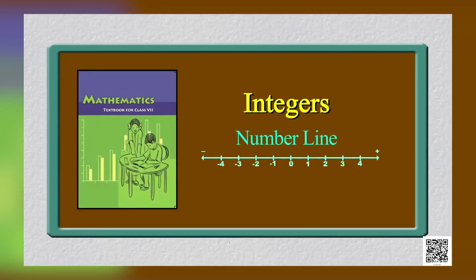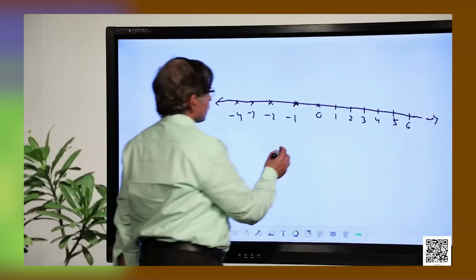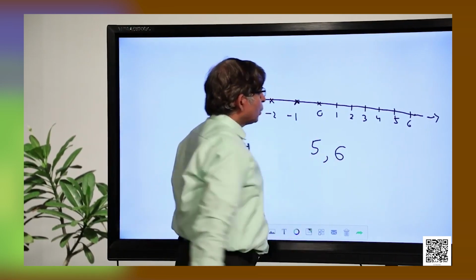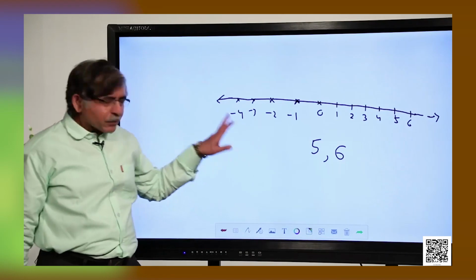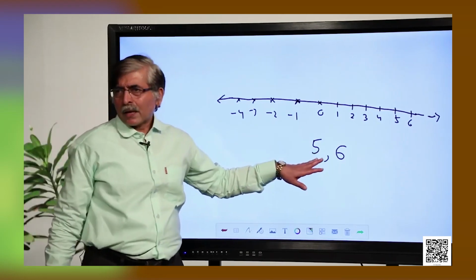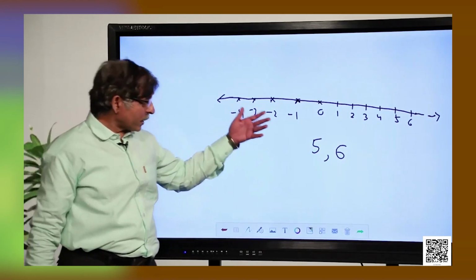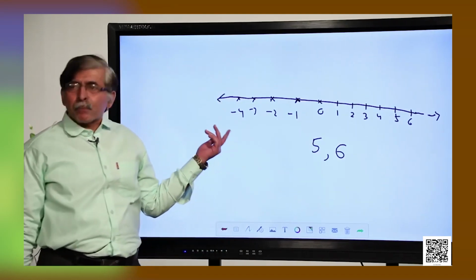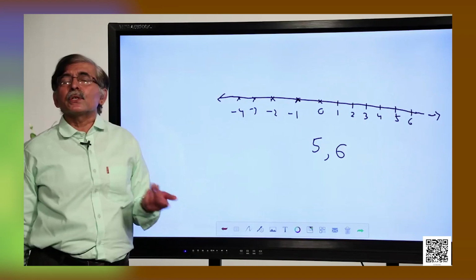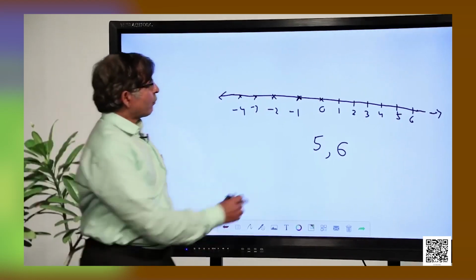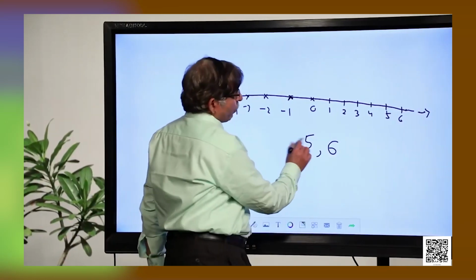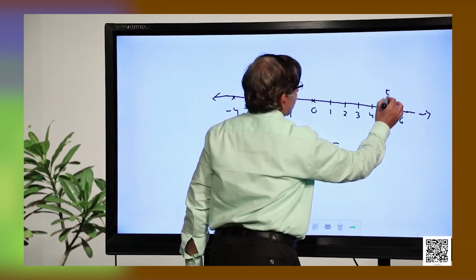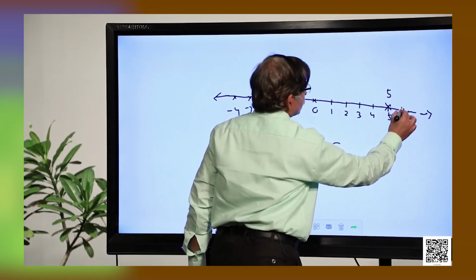And here we can take any numbers, suppose 5 and 6. We can mark these on the number line and verify from this which one is bigger and which one is smaller. Suppose this is positive 5, so 5 will be here, and 6 is here.